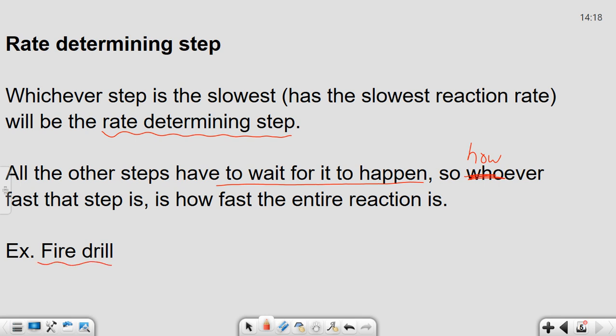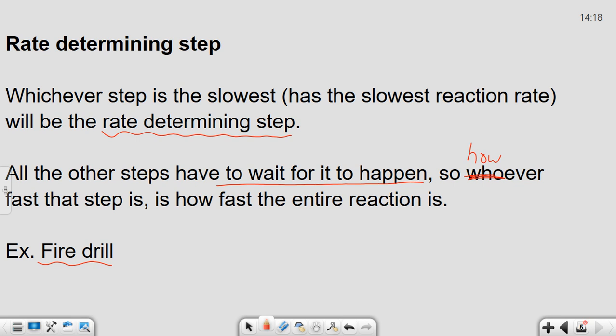Think about a fire drill, right? So we got all these rooms in school, the bell goes, oh no, fire, everybody's got to go. So we all book it outside, and you got to send a runner to report to the principal or whoever's in charge, to say, yeah, our class is here, we've checked in, before you get back into the building. It doesn't matter how fast my class is if my neighbor's class goes for a casual stroll.